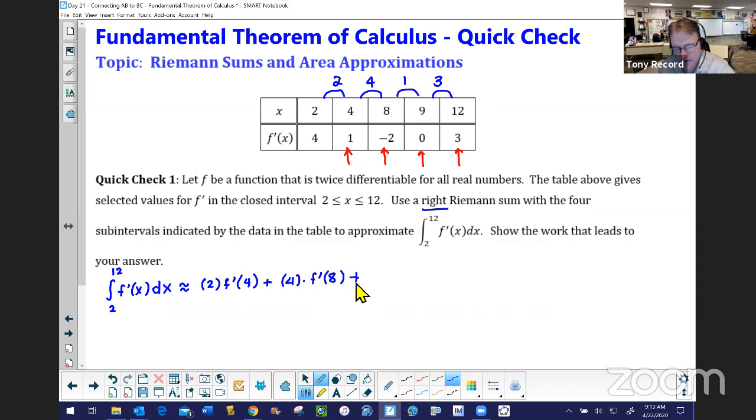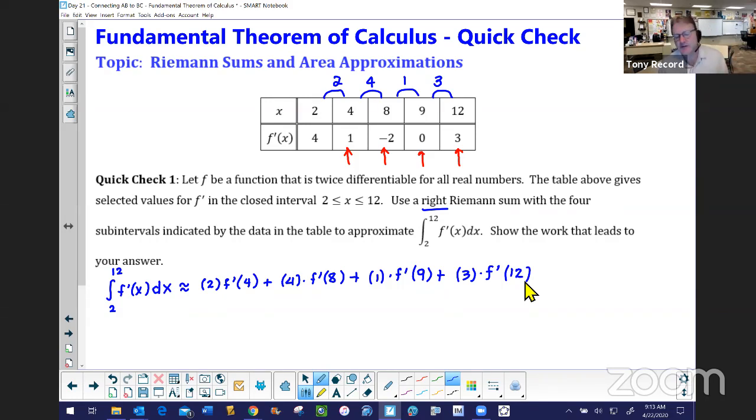And we continue this process with our third rectangle, a width of 1, a height of F prime of 9, and then finally our last rectangle with a width of 3 as indicated by the table and a height of F prime of 12. All right, now at this point, we would have to identify what those values are from the table. We have to extract information from the table.